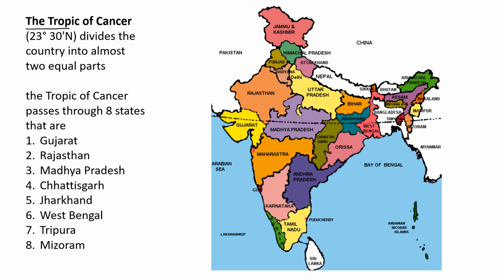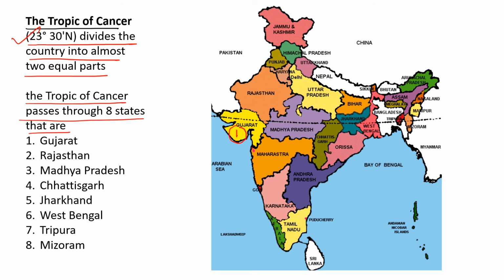Now the Tropic of Cancer. The Tropic of Cancer, that is 23 degree 30 minutes, divides the country into almost 2 equal parts. This we have already done. The Tropic of Cancer passes through 8 states. You have to learn them by sequence; it is easy if you learn by sequence.